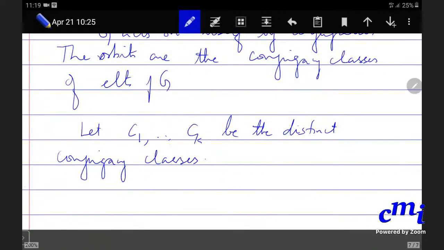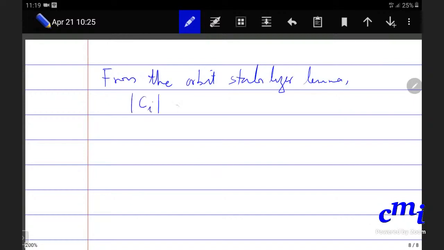First of all, the size of each conjugacy class must divide the order of the group, from the orbit stabilizer lemma. So the size of Ci divides the order of the group.